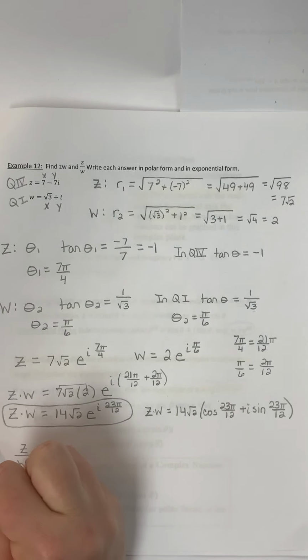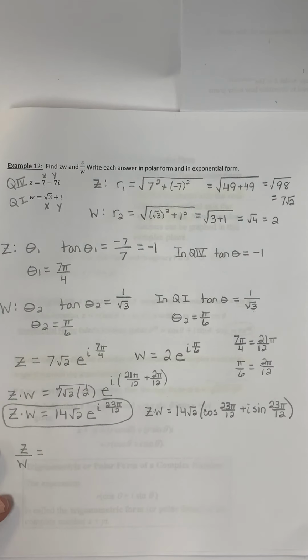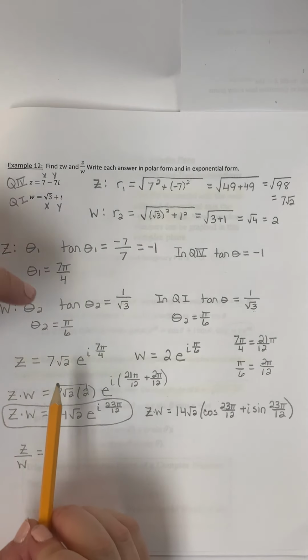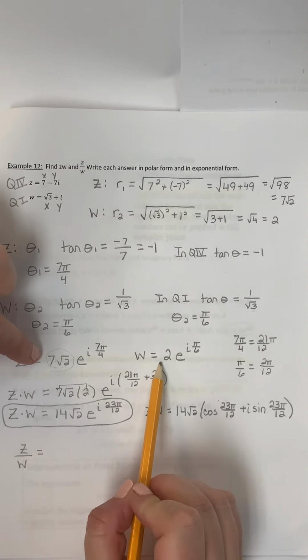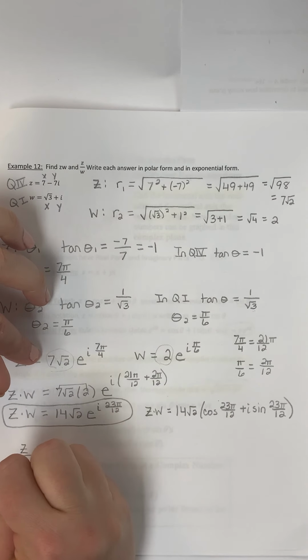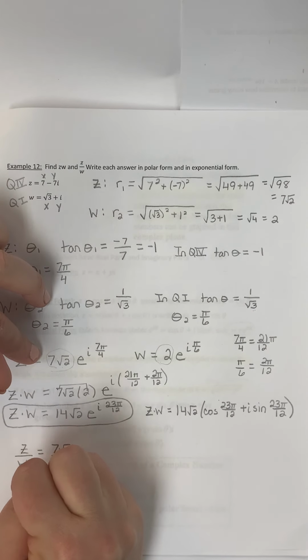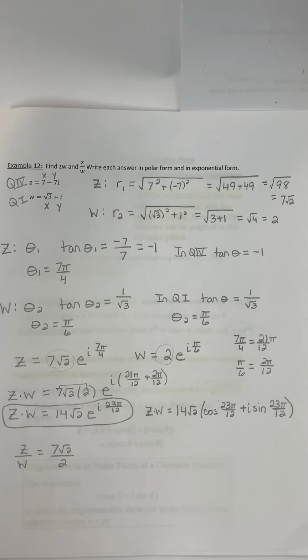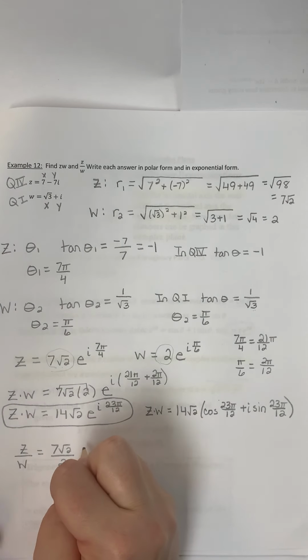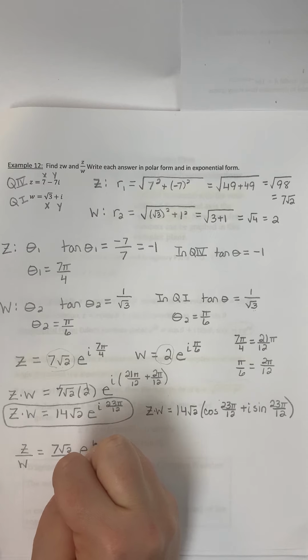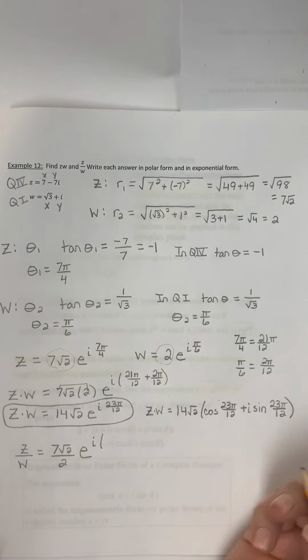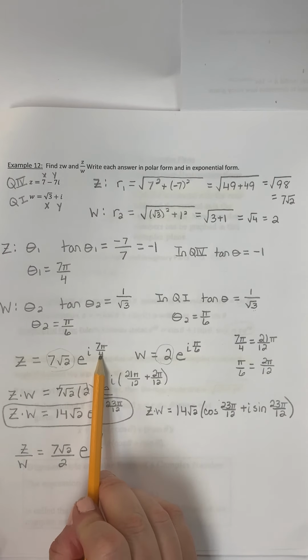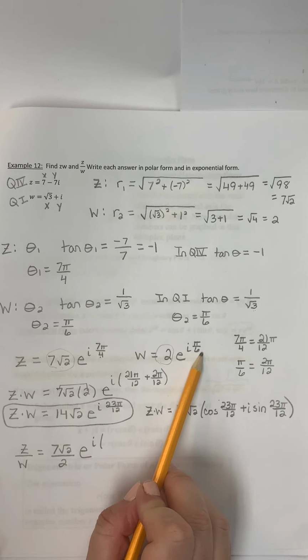Now we're going to have z divided by w. All right, so now we're going to have r1 divided by r2. Okay, nothing we can reduce there. It's just ugly, but there it is. Okay, times e to the i. And now we're going to have the first theta minus the second theta.